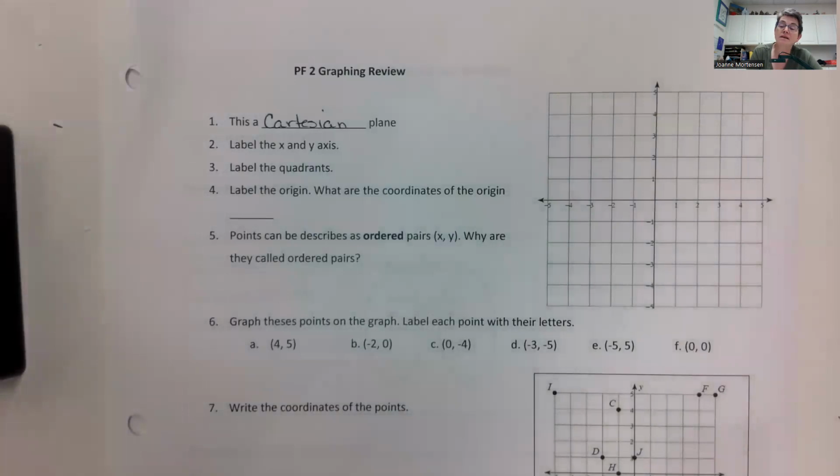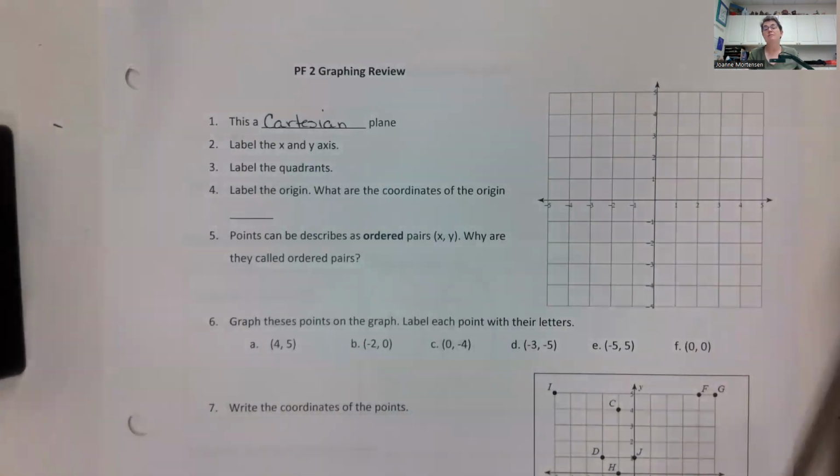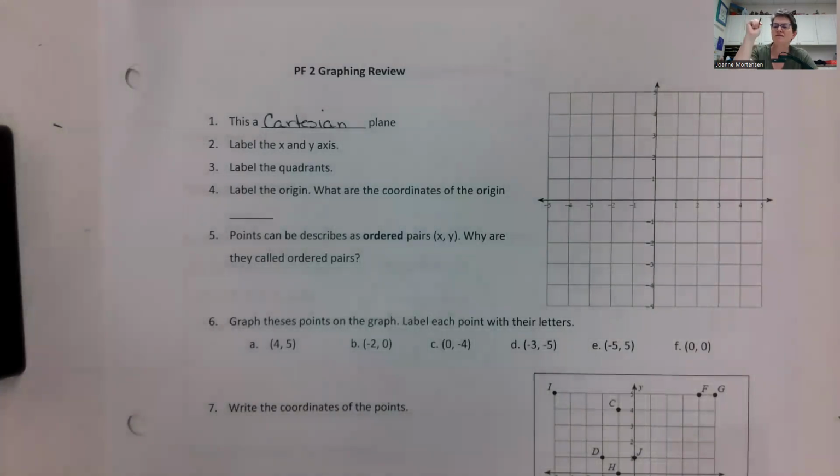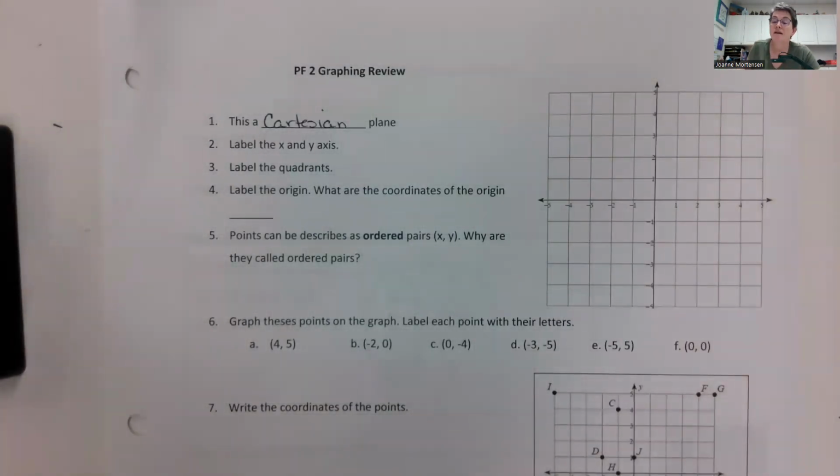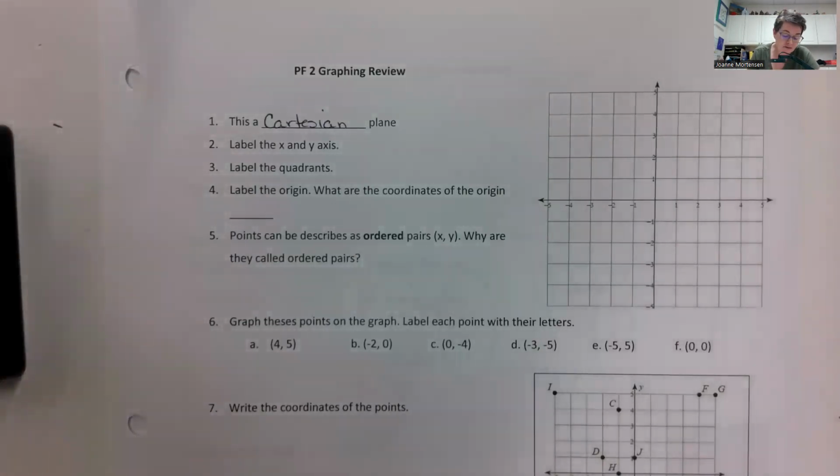But the rumor is René was sick, laying in bed staring at the ceiling, watching a fly walk around. And somehow he thought, wouldn't it be cool if there was some way that you could track its path? And somehow we came up with this idea of the X and Y, not unlike latitude and longitude that we use on the globe.